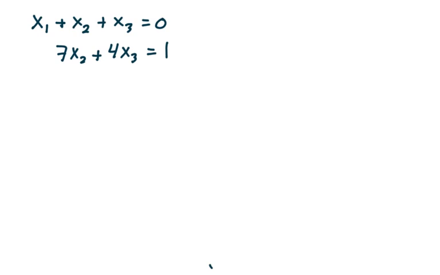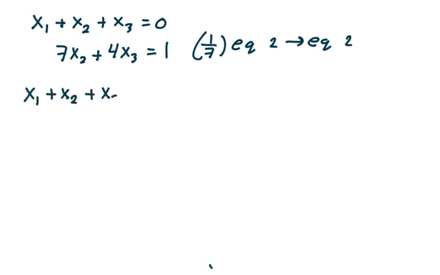Now, from here, I'm going to take 1/7 equation 2, and I'm going to put the result back into equation 2. When I do that, I get x1 plus x2 plus x3 equals 0. And I'm going to get x2 plus 4/7 x3 equals 1/7.